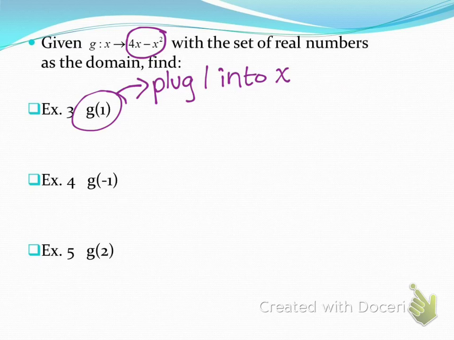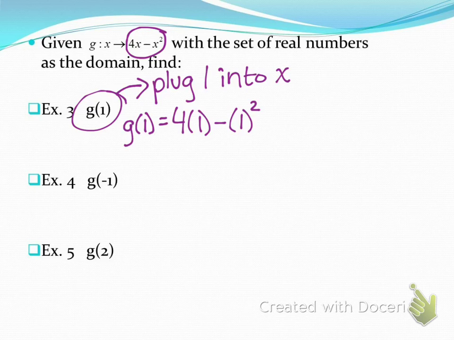So when we do that, we can use the same notation that they did. g parentheses 1 equals. We are going to plug 1 into x into that expression. 4 parentheses 1 minus parentheses 1 squared.